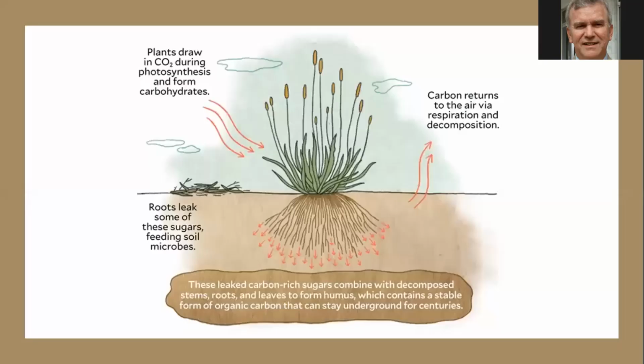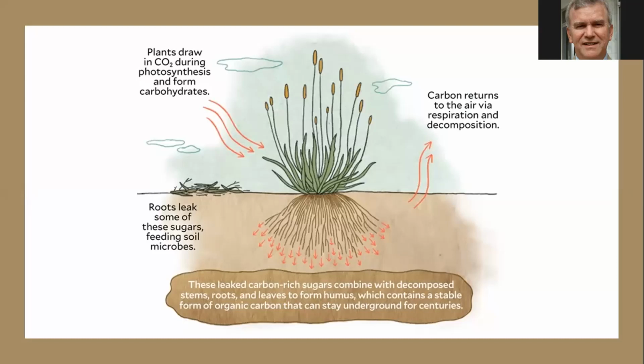Next slide. So plants, obviously, are taking CO2 out of the atmosphere to fuel a photosynthetic process to produce carbohydrates. Organic matter from the plants breaks down, and sugars from the plant feed the microbial life in the soil.